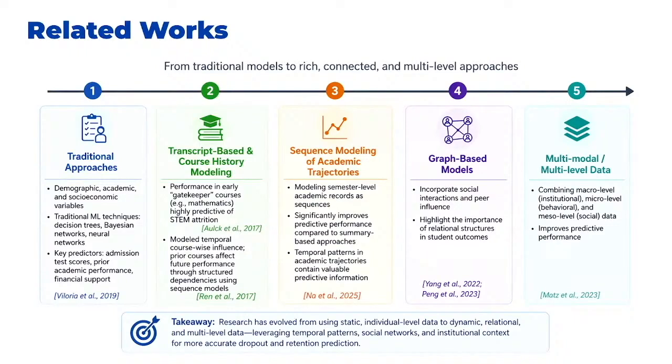And we also have multimodal models that incorporate data from various resources, such as institutional data, behavioral data, financial data. And the approach that I'm about to present is built on all of these models except the graph-based, in particular the sequence modeling and the multimodal modeling.